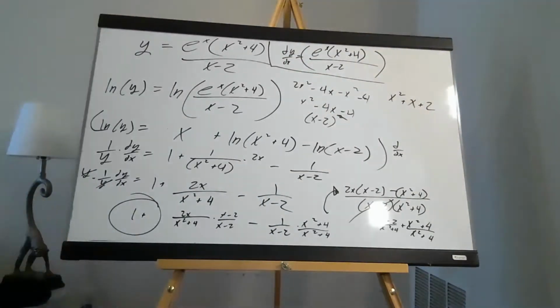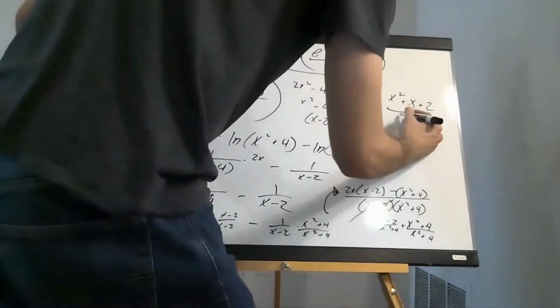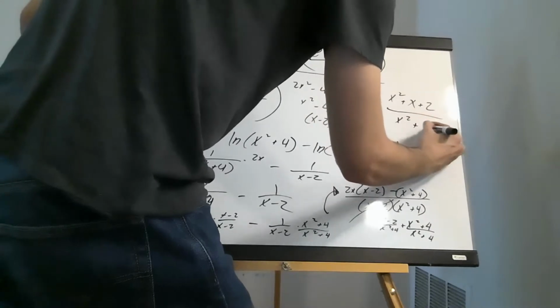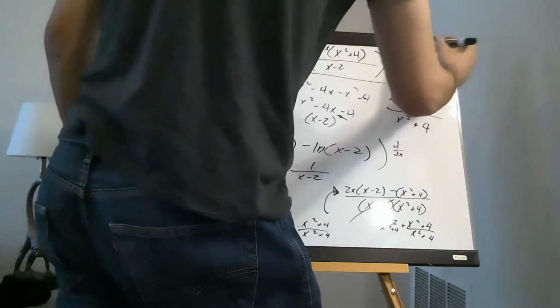So x squared plus x plus 2, okay, over x squared plus 4, and then we're just going to rewrite that up here.